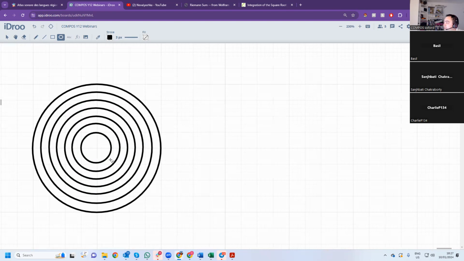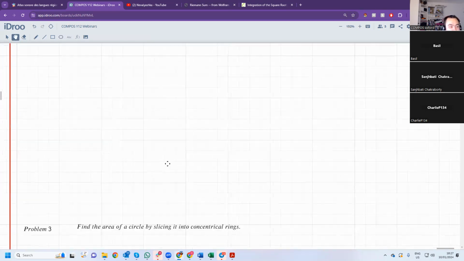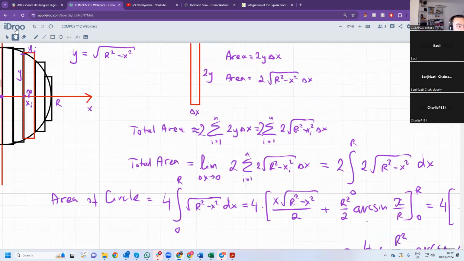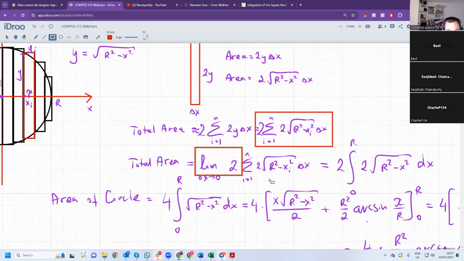If a question says to use Riemann sums, you need to set up a Riemann sum. This is a Riemann sum. This is a Riemann sum. And the integral is simply the limit of the Riemann sum.